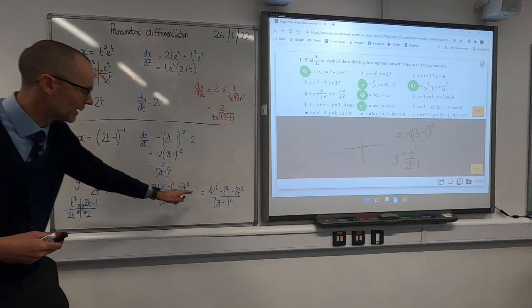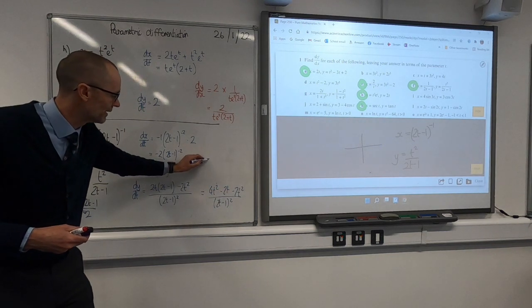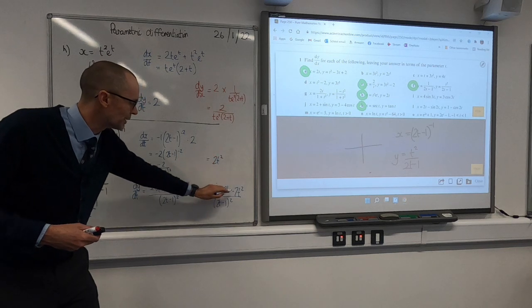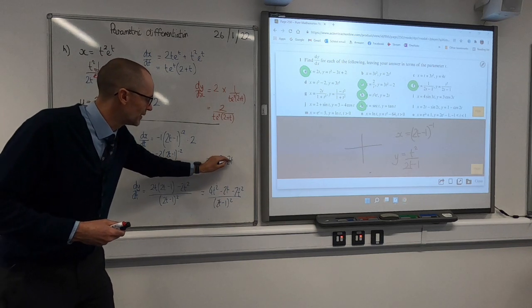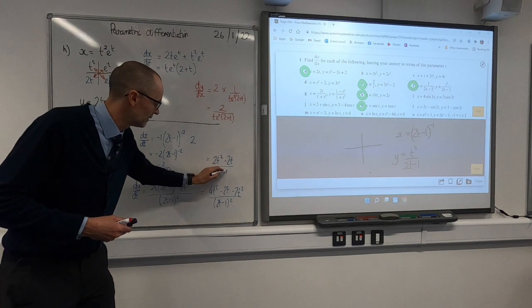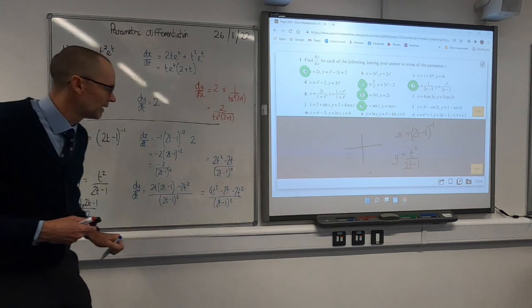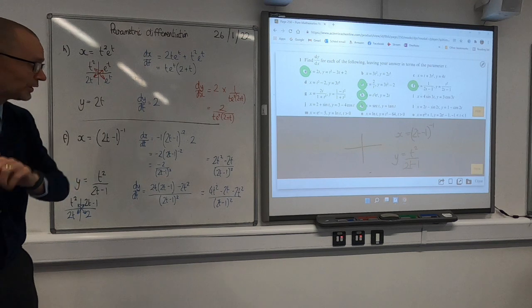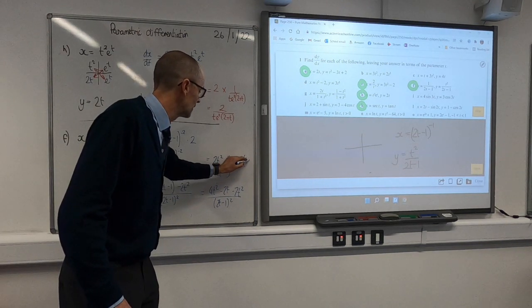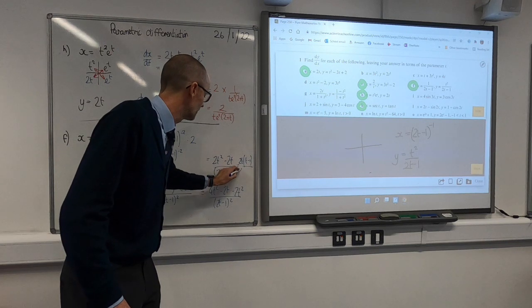2t squared. So actually it simplifies to 4t squared, take away 2t squared, minus 2t. And I can go even further than that, can't I? Because I could write it like that.